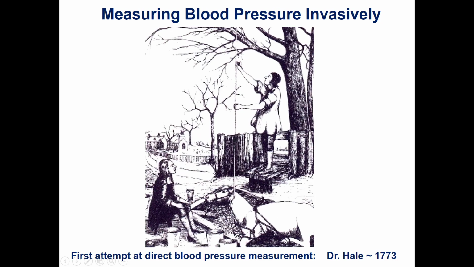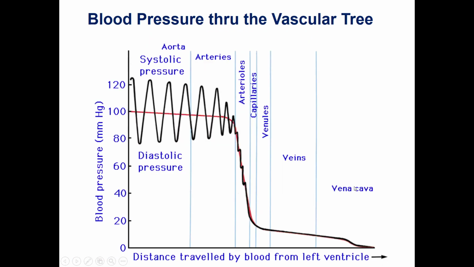The first attempt made to measure blood pressure was made on a horse in 1773. In this diagram, we see the blood pressure readings in different places or sites in the cardiovascular system.